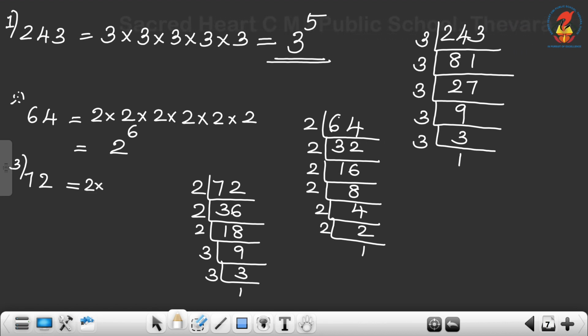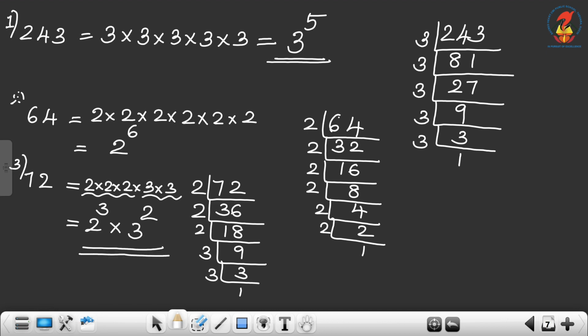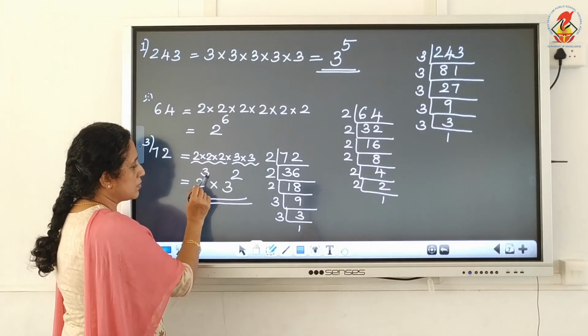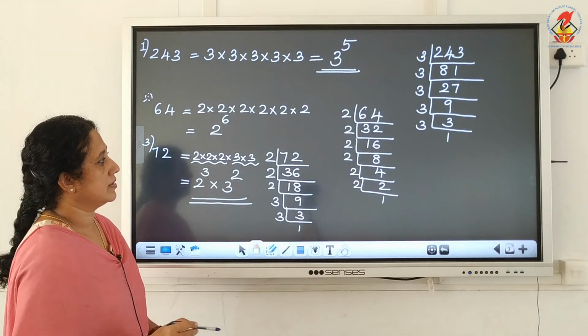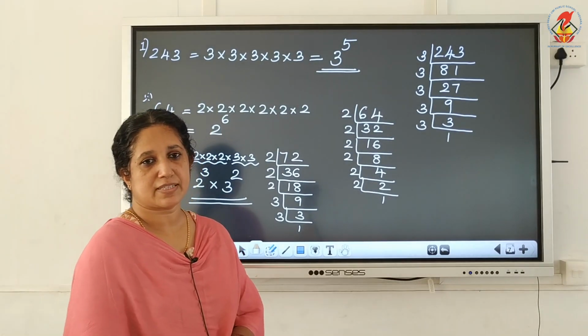So we will write 2 into 2 into 2 into 3 into 3. 2 is repeated 3 times, so we will write 2 raised to the power 3, into 3 repeated 2 times, so 3 raised to the power 2. Therefore the number 72 can be expressed as 2 raised to the power 3 into 3 raised to the power 2. So that's all for today's class. Thank you.